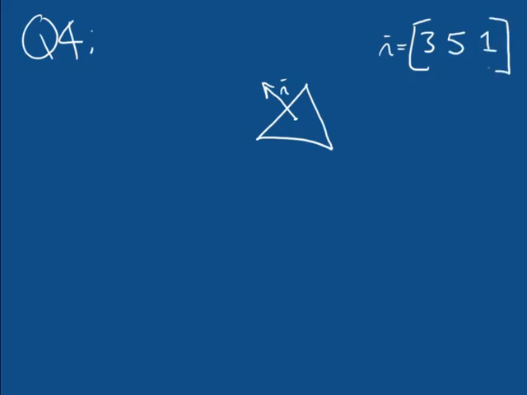So the problem that I have is I have a polygon in a 3D scene, and I know that this polygon has a surface normal, which I'm going to call n, and this normal is the vector 3, 5, 1. So I have a polygon in a scene that has that surface normal, and I have a camera at the origin of my scene.